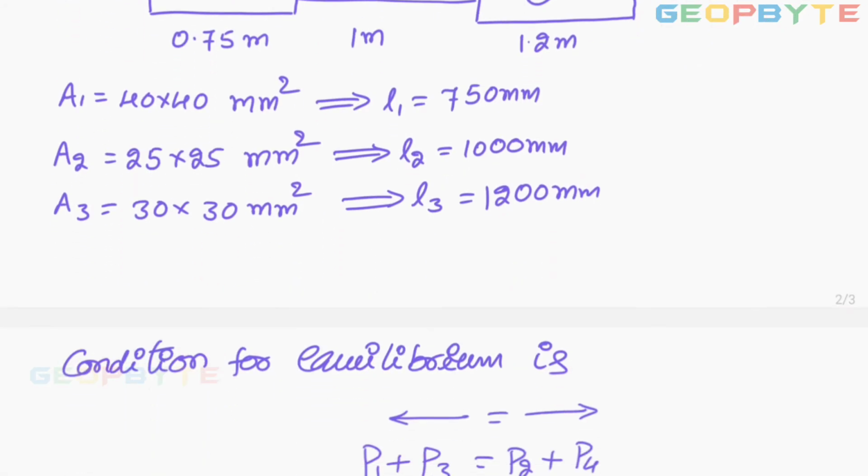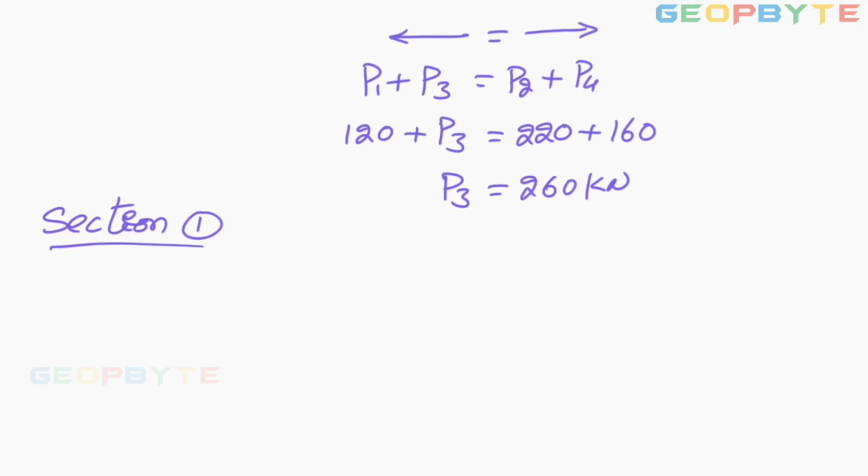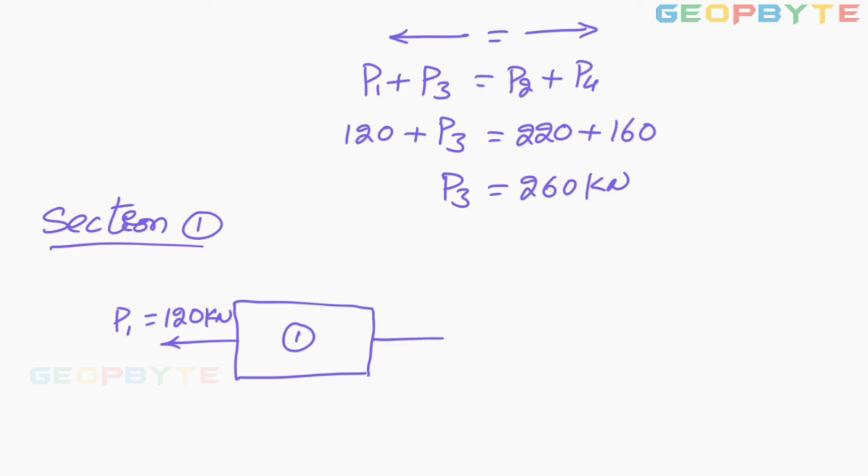Then P1 equal to, let us take the diagram. This is our section 1. P1 is given as 120 kilonewtons. The other end load must be P1 only, that is 120 kilonewtons.